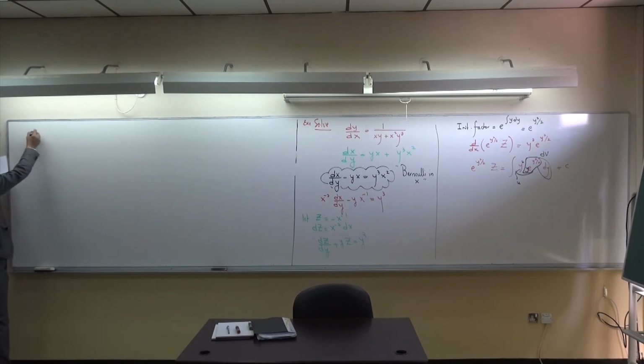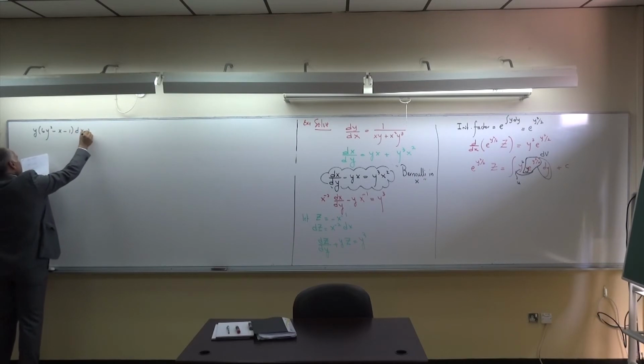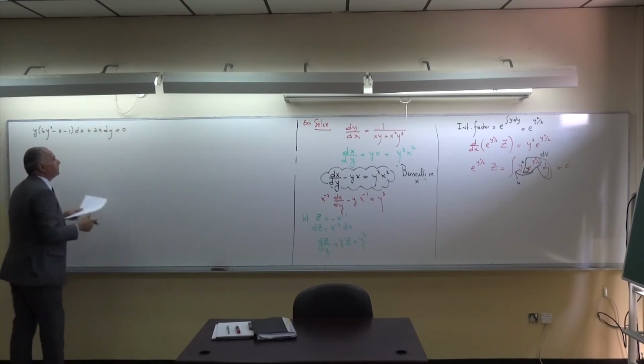Suppose you have a problem like this: y(6y squared minus x minus 1) dx plus 2x dy equals 0.